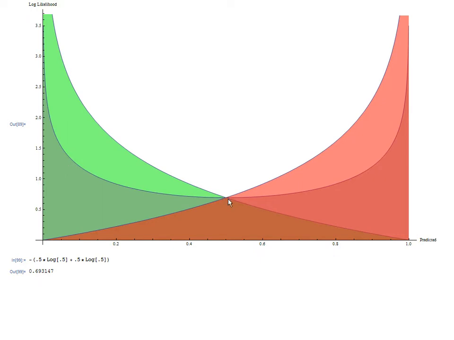This point right here happens to be 0.693147, and that is, if you were to predict a draw for every single game, the penalty you're going to get on every result.